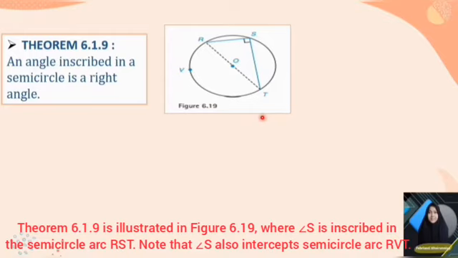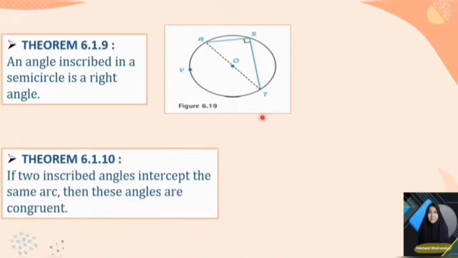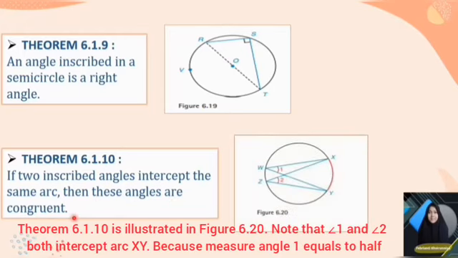Note that angle S also intercepts a semicircle arc RVT. Theorem 6.1.10. If two inscribed angles intercept the same arc, then these angles are congruent. Theorem 6.1.10 is illustrated in figure 6.20.